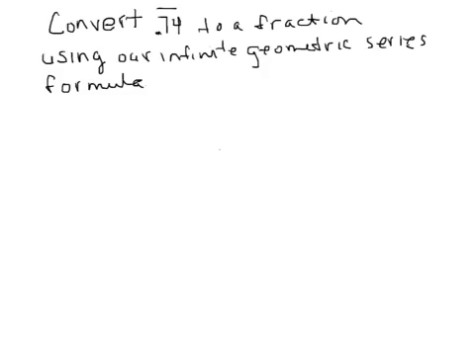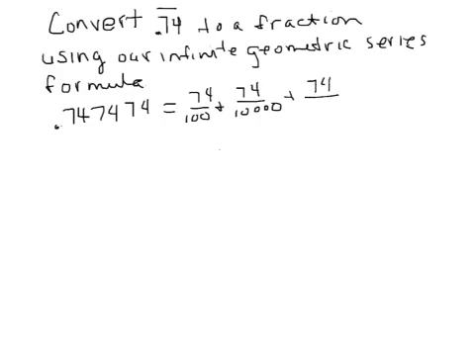Now we've had other ways to do this, but if we think about what this repeating decimal tells us, this 0.747474 like that can be thought of as 74 over 100 plus the next one is going to be 74 over 10,000 plus 74 over 1 million plus, and so forth. So the ratio here, each one to the next, is 1 over 100.